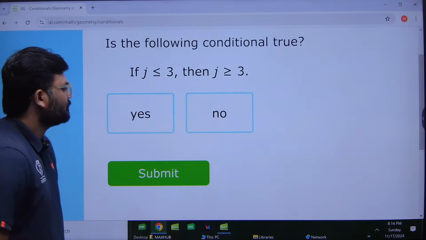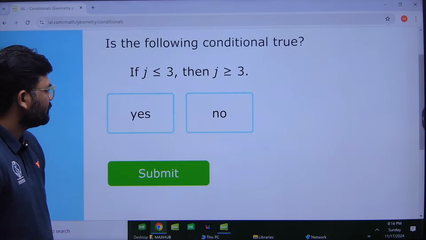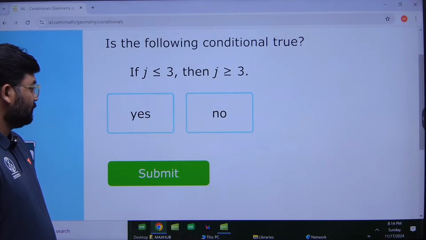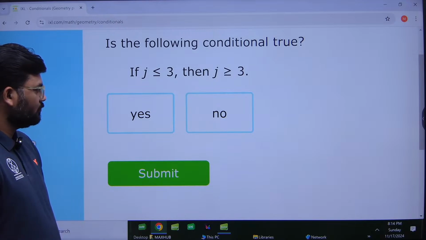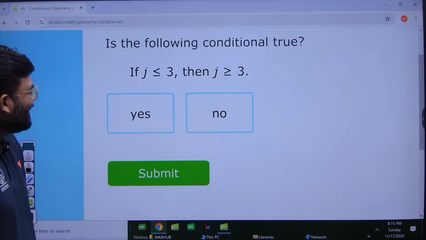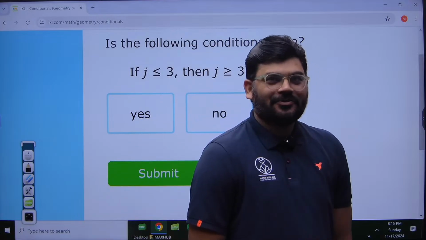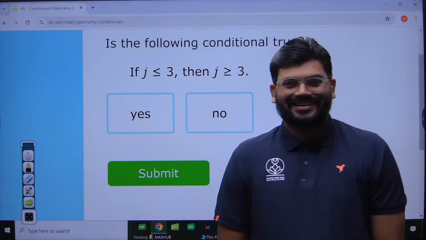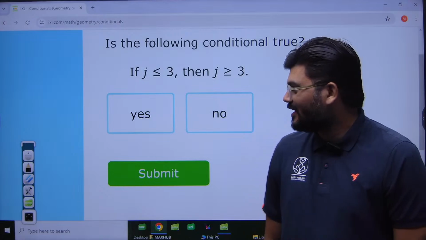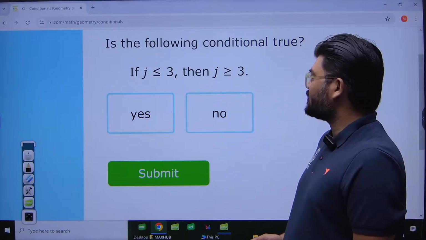If J is, huh? Wait, this is giving me a stroke trying to understand what it's saying. It is saying that, okay, J is equal to 3 actually. A number cannot be less than or equal to 3 and greater than or equal to 3, so this is an incorrect statement.